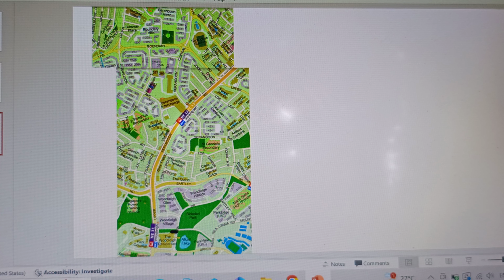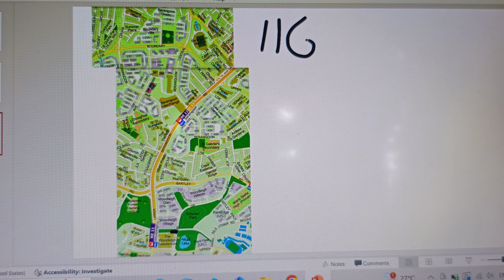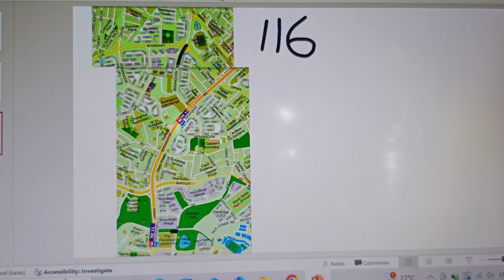For 116, if you were to extend this bus service to Woodleigh, you would have to give up either Boundary Road and Upper Serangoon Road, or you have to give up this area.